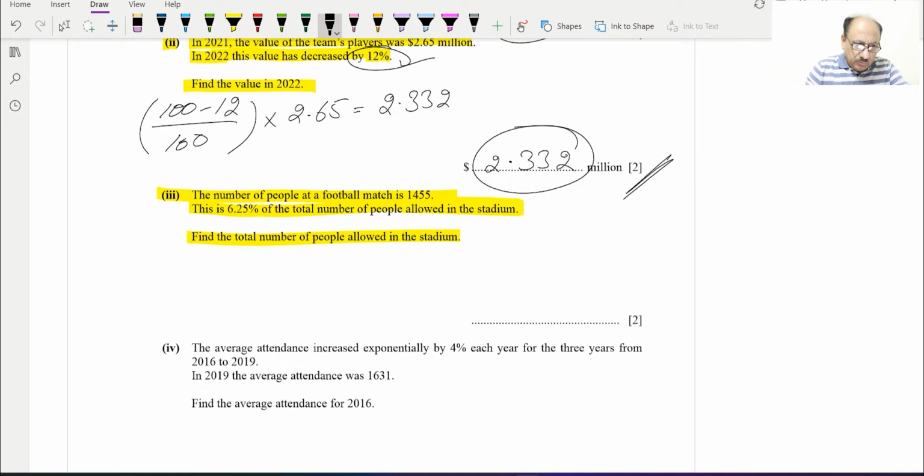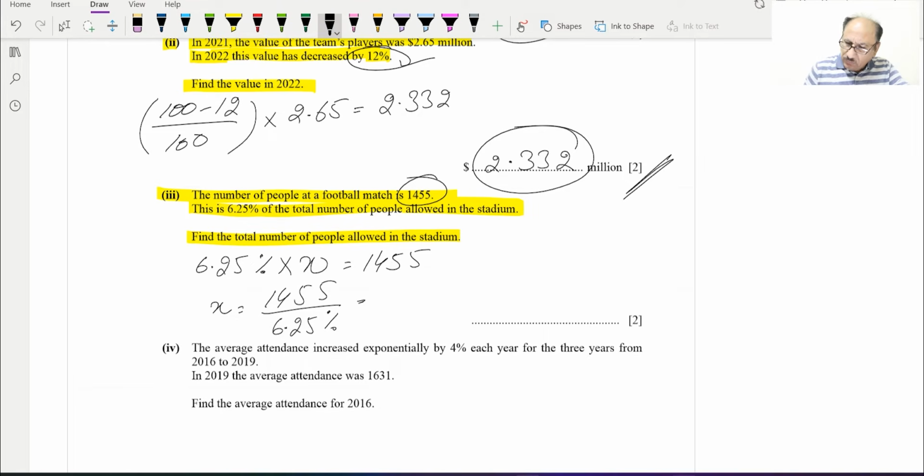So we need to calculate 6.25% of a number which we can suppose as x. So 6.25% multiplied by x is equal to 1455, and x will be equal to 1455 divided by 6.25%, and this we can calculate.